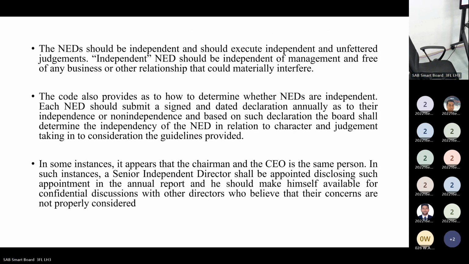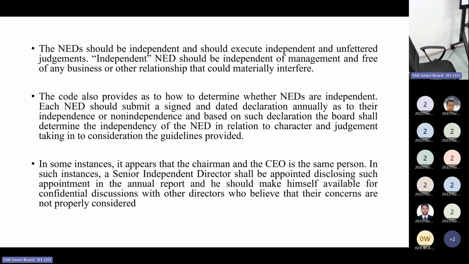Then how to maintain the independence of NEDs. How to make sure NEDs are independent. Last week, in the last few slides, many of you were not there. After the break, we did that. How to maintain their independence. You have to give a declaration telling you are independent, you don't have personal interest and all that.